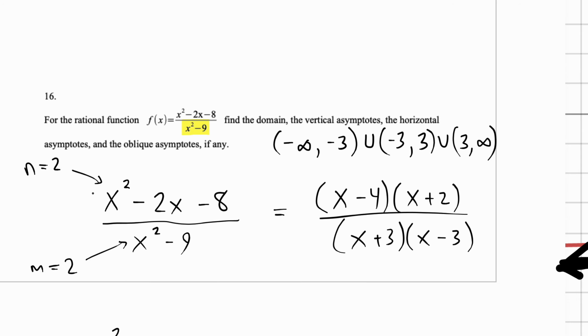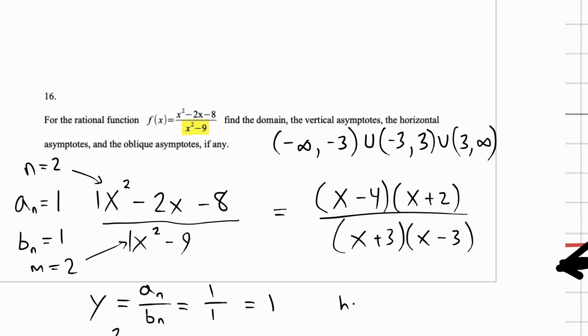My coefficient for the numerator polynomial is 1, and my coefficient for the denominator polynomial is also 1. So for me, a(n) is 1, and b is also 1. So if we just divide those, y equals a(n) over b will give us 1 over 1. We have a horizontal asymptote at y equals 1.